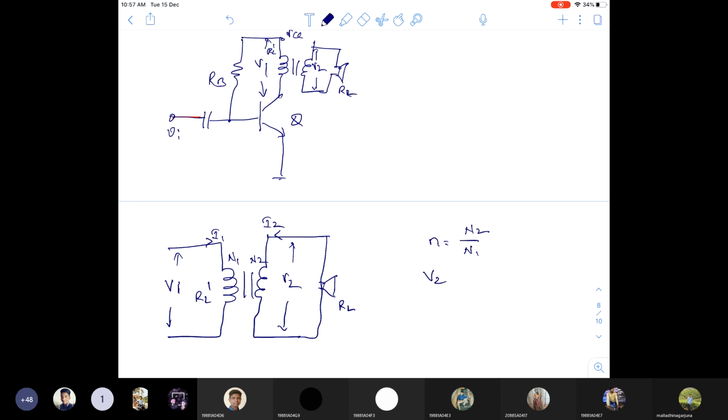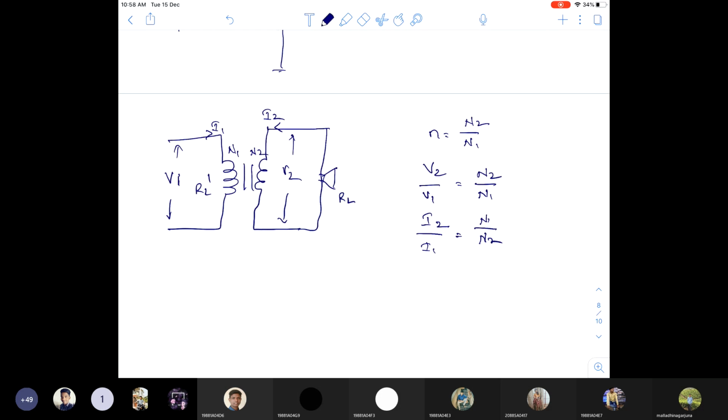And the relation between the voltages, primary voltage to secondary voltage: V2 by V1 is equal to N2 by N1. I2 by I1 equal to N1 by N2. Okay, so these are the relations of turns ratio to current and voltages. And from this I can write RL dash equal to RL by N square.